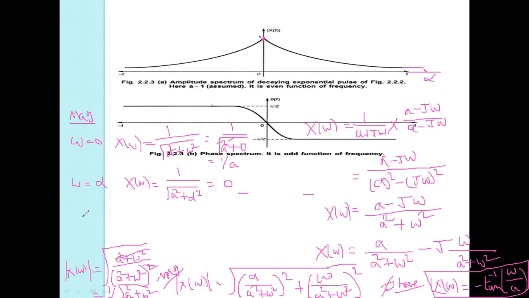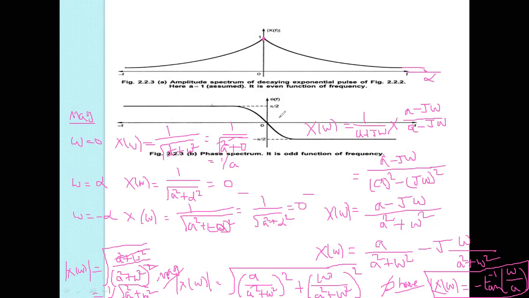Similarly, at minus infinite, X of omega is equal to 1 by under root of a square plus minus omega square. Here I have taken the minus infinite. Again it is the same, under root of a square plus infinite square only, my dear students.